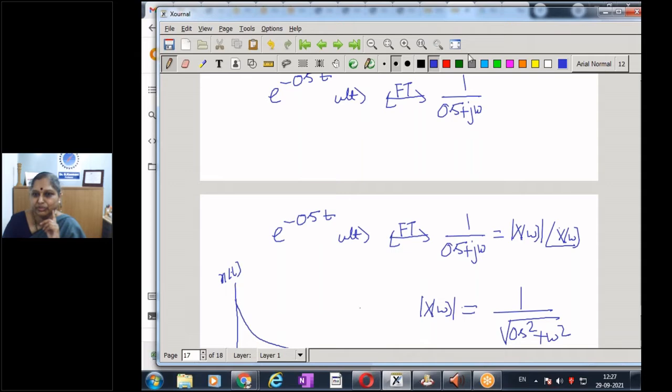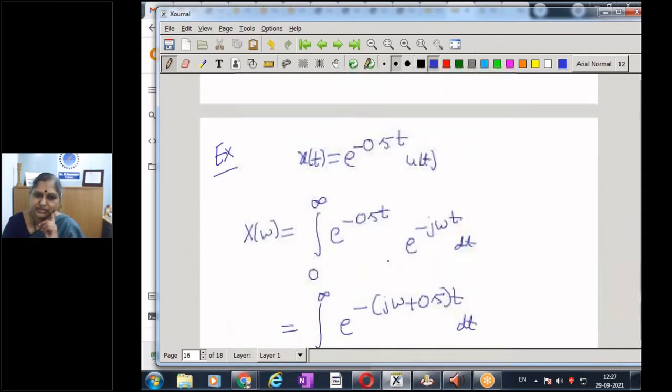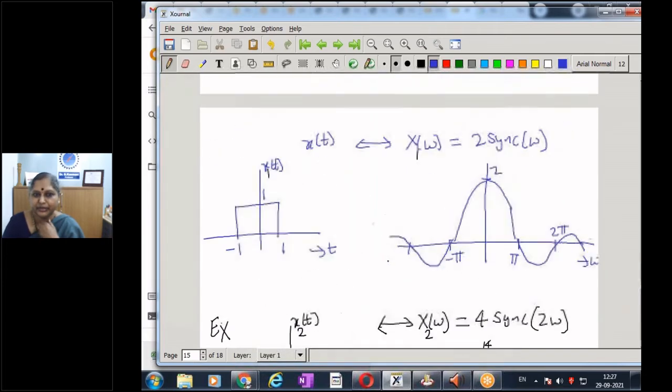So let's go to our Python code and let us try to do this example. With the first example, this rectangular pulse. We'll draw this rectangular pulse, and then we will do this. So let's do this function and the other function. Let's write the Python code for that.